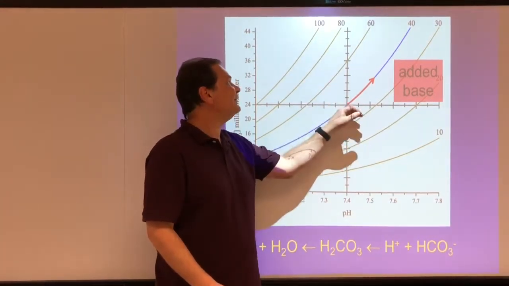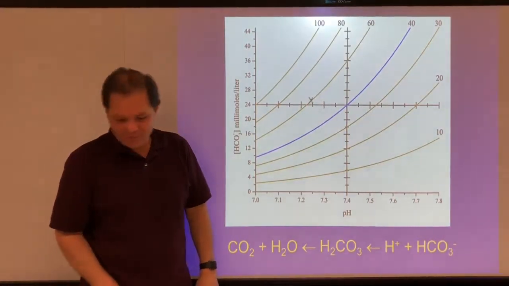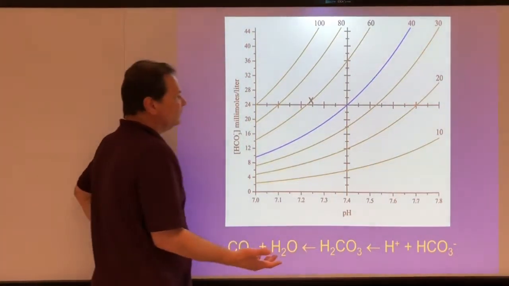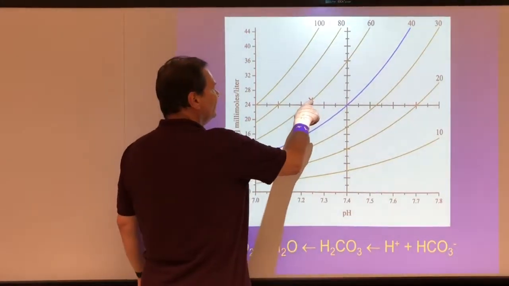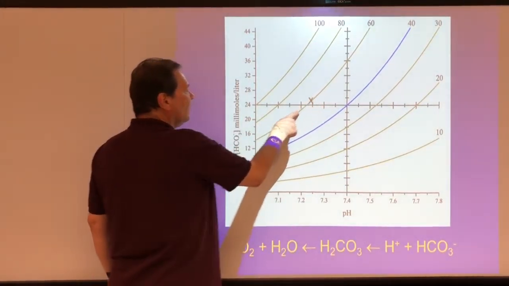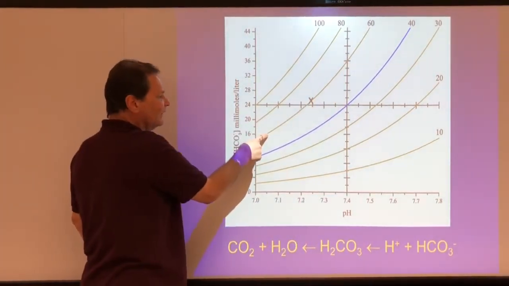And notice that this doesn't just hold true for a PCO2 of 40. You can use any of these isobars depending on what the PCO2 is. For instance, I could have a PCO2 of 60. So if my PCO2 is 60, now I'm moving along this 60 millimeter of mercury isobar.